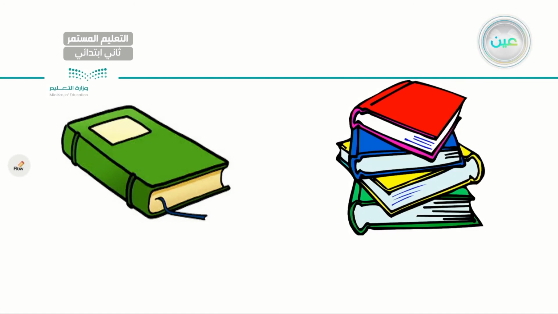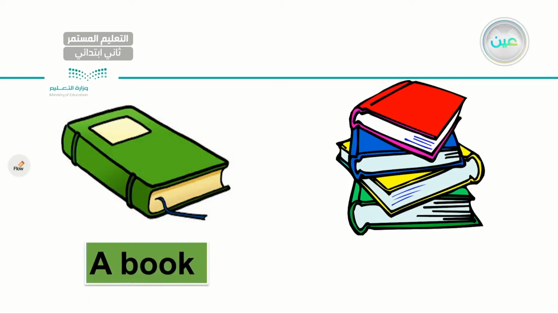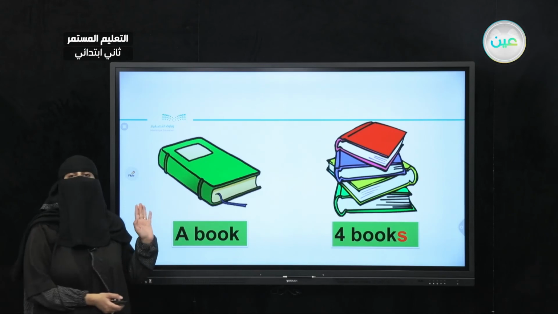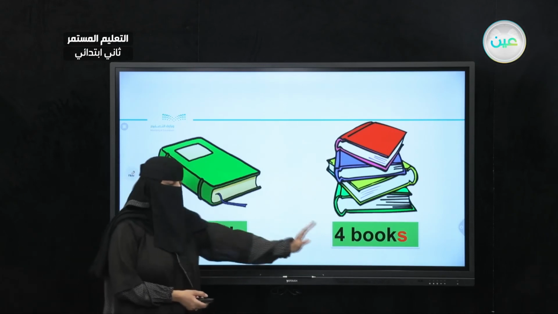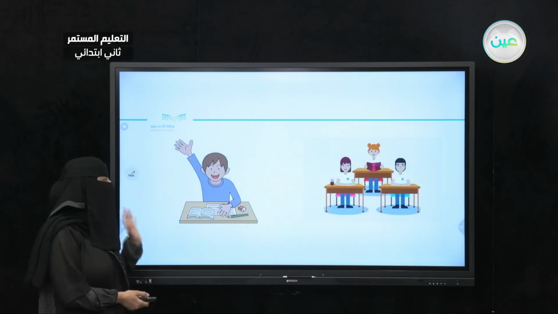How about this one? How many books can you see? I can see a book. A book, very good. I can see a book, or I can see 4 books. Again, an article with singular, a book, 4 books. I don't need an article here. How about this one?